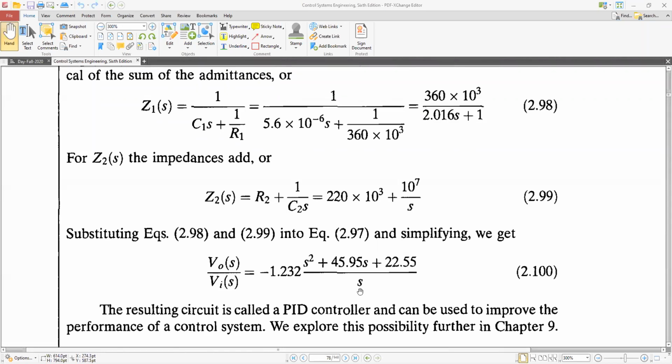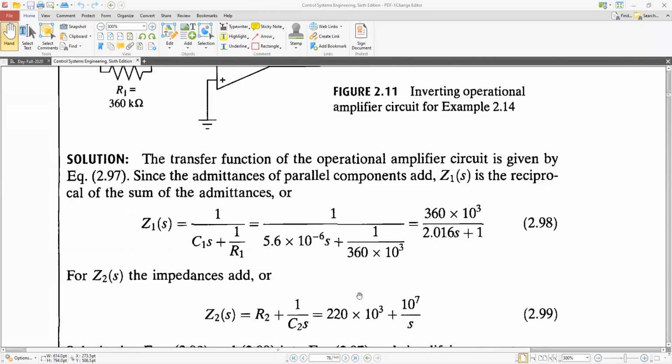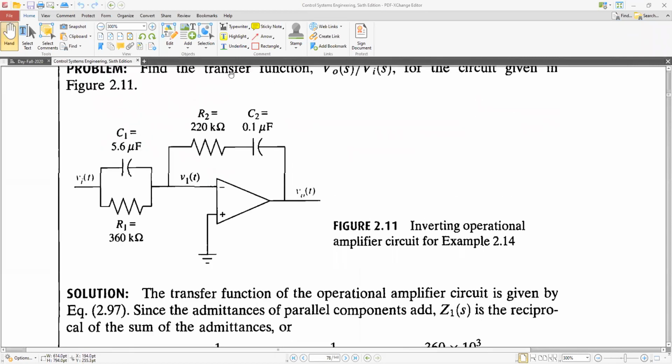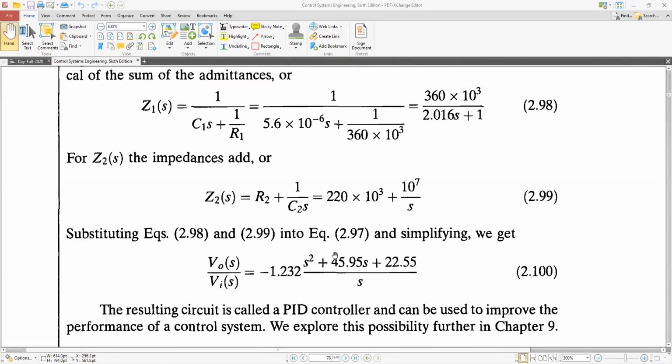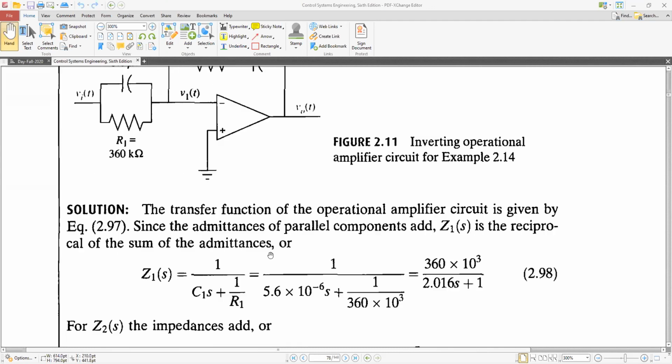But for the time being, just get the idea that this kind of circuit is used to control the characteristics of the system. By using this kind of circuit, we can change the output of a control system. This kind of circuit can be used as a controller.